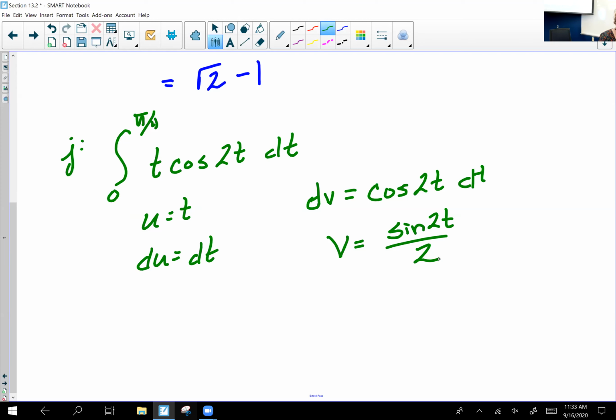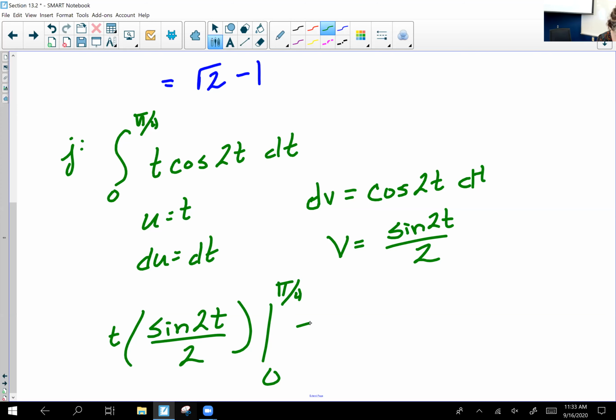All right. Okay, so let's go ahead now. We can run with this. This is then going to become t sine of 2t divided by 2 evaluated from 0 to pi over 4, minus the integral 0 to pi over 4 of sine of 2t divided by 2 dt.